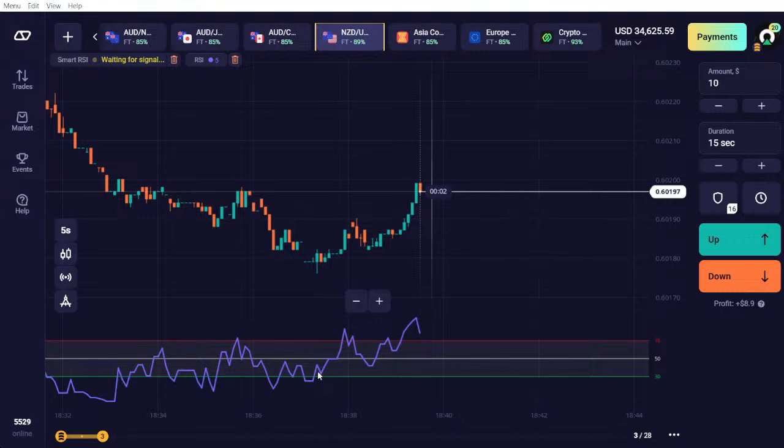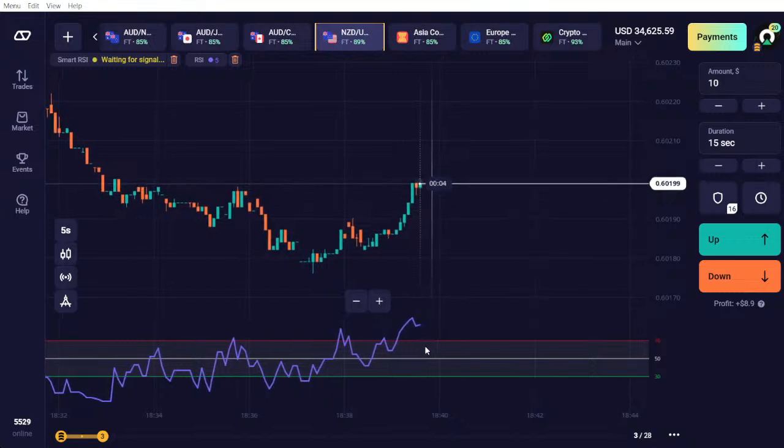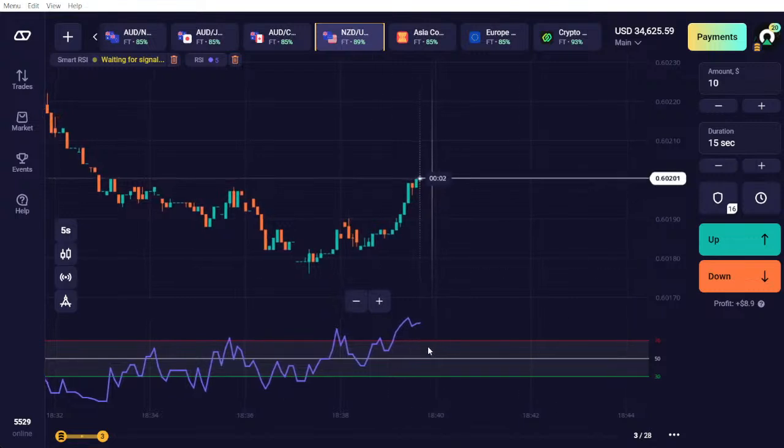Once some price correction happens in the market, we will get a pop-up, or with the help of RSI we will get a confirmation that the market can now move in the opposite direction.